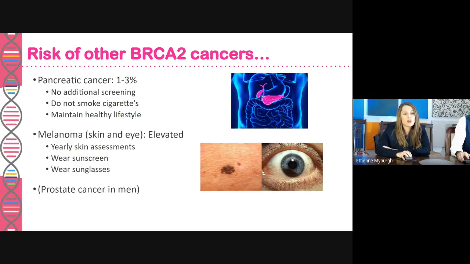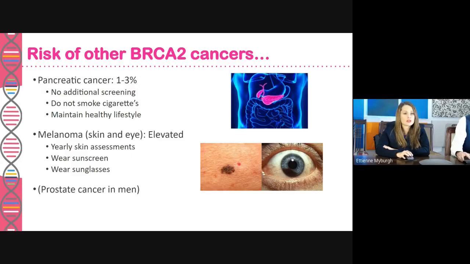Now, there's no additional screening that we would do for that or additional surgery, but we know that if you carry a gene and you smoke cigarettes, it significantly increases your risk. So if Yakumin was a smoker, in this case she wasn't, but if she was, I would strongly recommend that she doesn't smoke at all, and that she tries to maintain a healthy lifestyle.